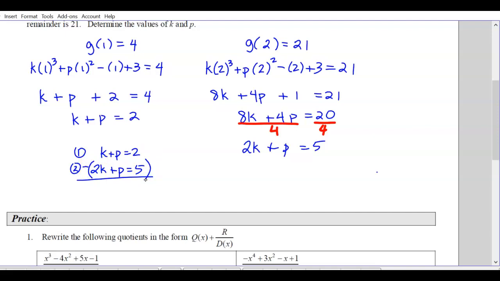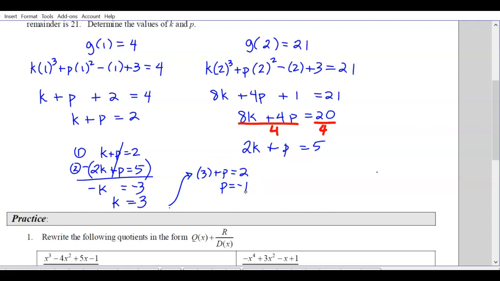So the p's will go away, maybe. k minus 2k is negative k. 2 minus 5 is negative 3. And then substitute back in. 3 plus p equals 2. So p equals negative 1.